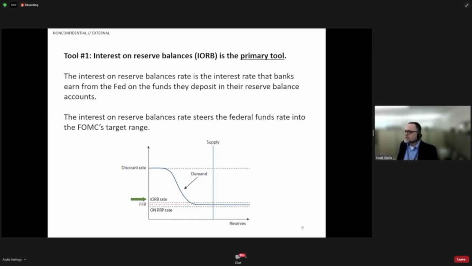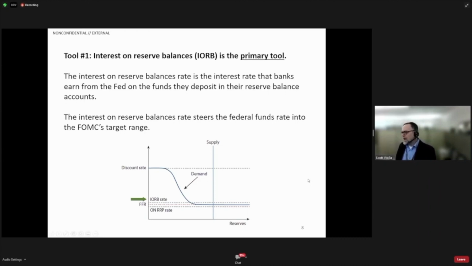In this new framework, there are no reserve requirements, and banks can hold reserves at will at their local Federal Reserve Bank, and they are compensated with interest for that. So the rate, in this case, the interest on reserve balances rate, actually becomes a tool of policy. Okay, so the interest on reserve balances rate steers the federal funds rate into the FOMC's target range.